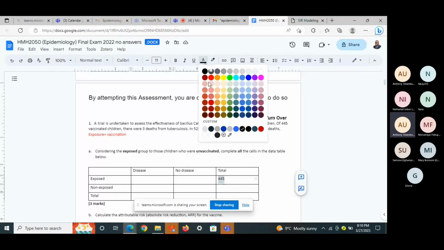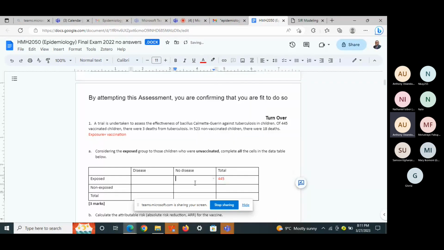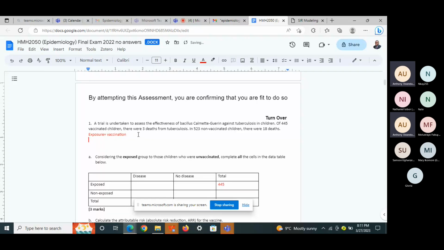Then out of these 445 that were vaccinated, there were 3 deaths. So we have our exposure as vaccination. Then what do we have as our outcome? Based on the question, what do you think is our outcome?